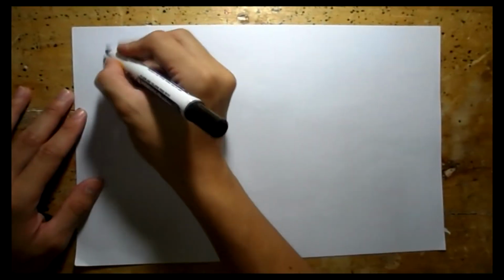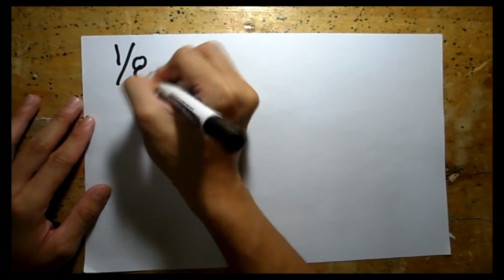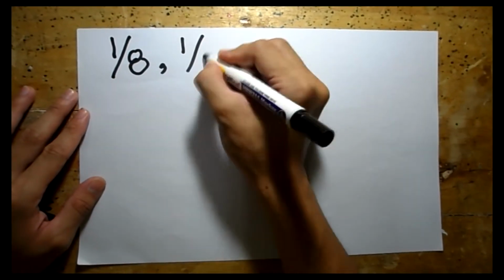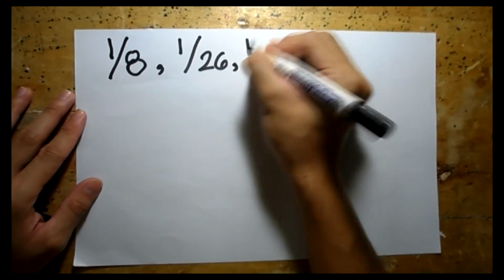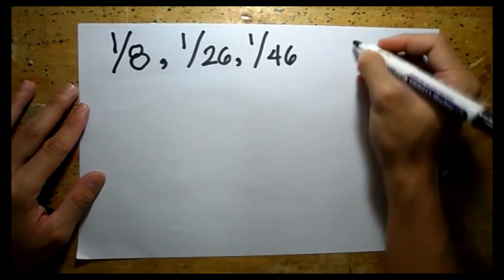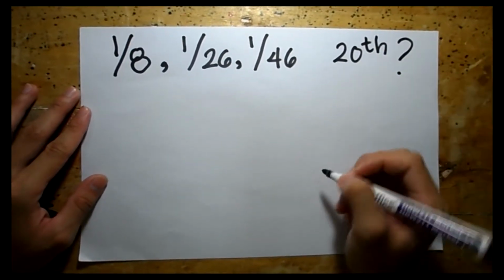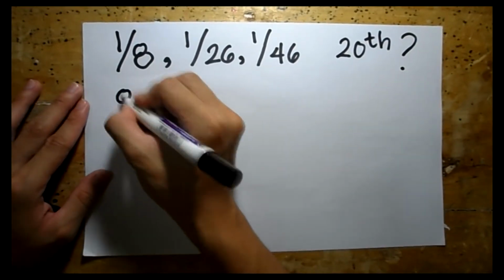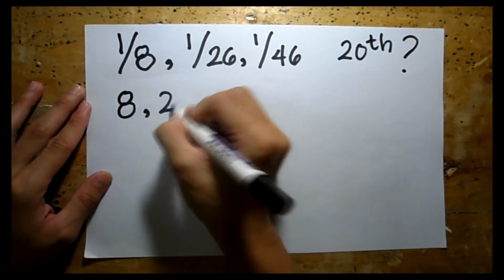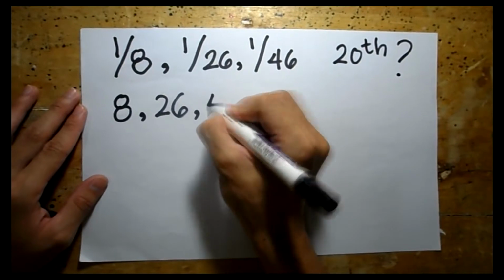Example, in a sequence of 1 over 8, 1 over 26, and 1 over 46, find the 20th term. Get the denominators, which are 8, 26, and 46.